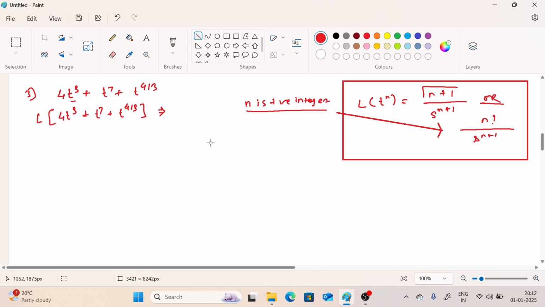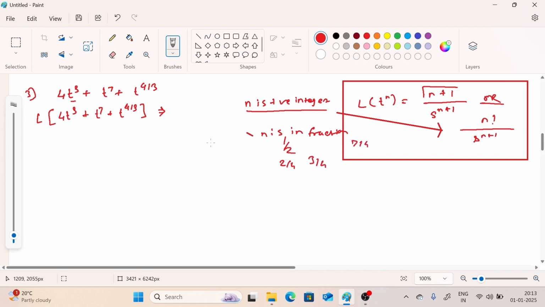Or simply, when n is a fraction, so 1 by 2, 3 by 4, 7 by 4, if n is a fraction, you simply use the gamma function formula.